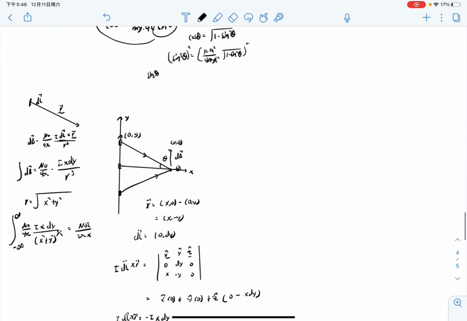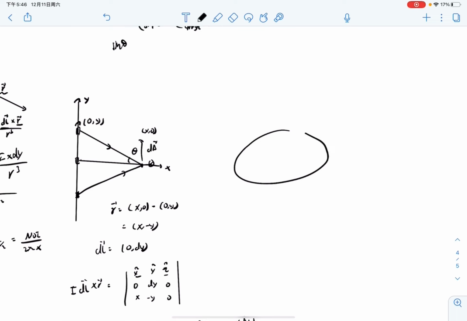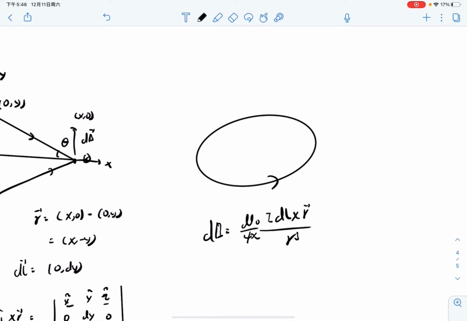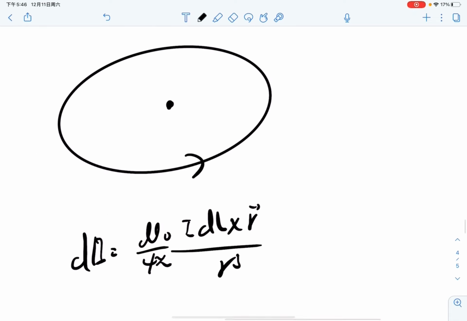And for the case of a looped wire, you can see dB is equal to mu0 over 4 pi I dl cross r divided by r squared. And you can see this is going out of the page. This is going in that direction.